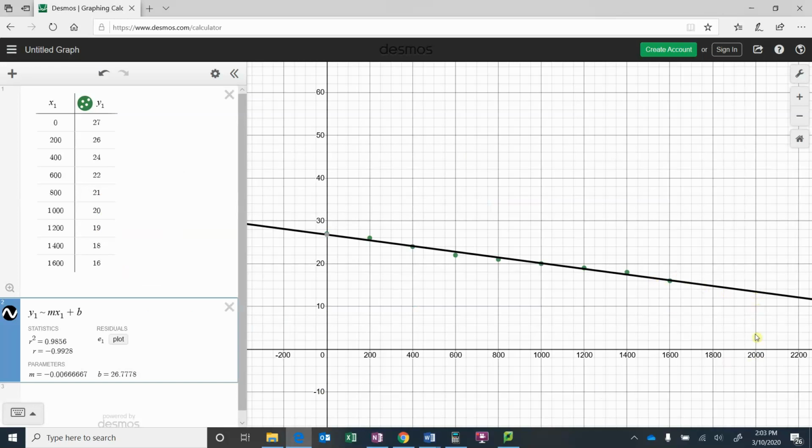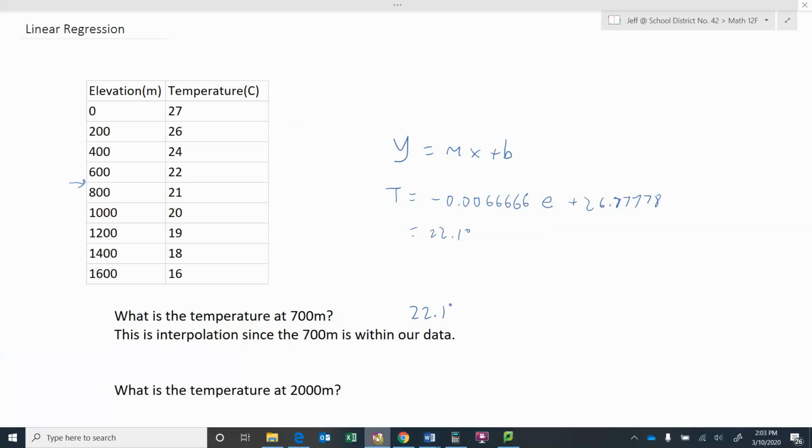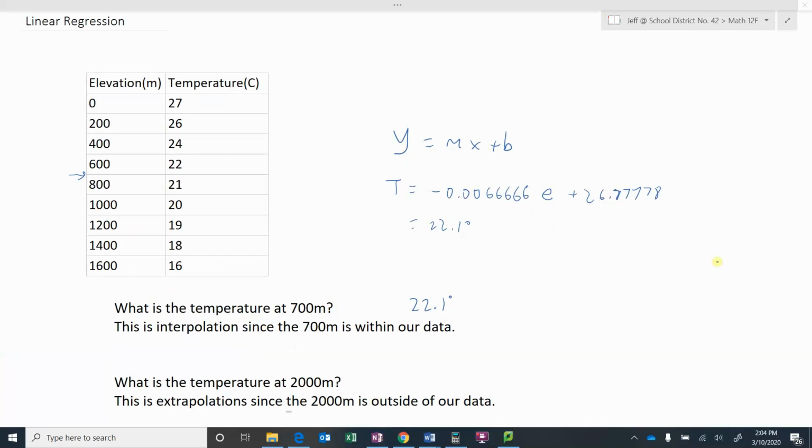So anytime you're looking at data that's outside of the data that you're given, so 2,000 meters is outside of this information that only went from 0 to 1,600, that's called extrapolation, since the 2,000 meters is outside of our data.